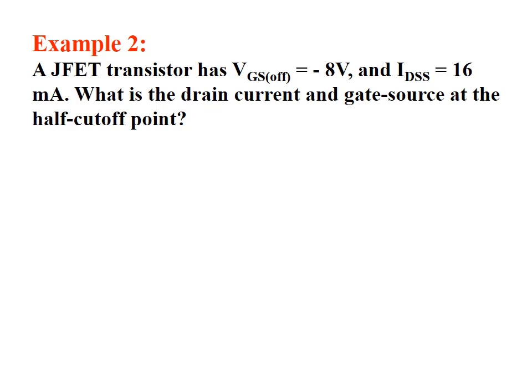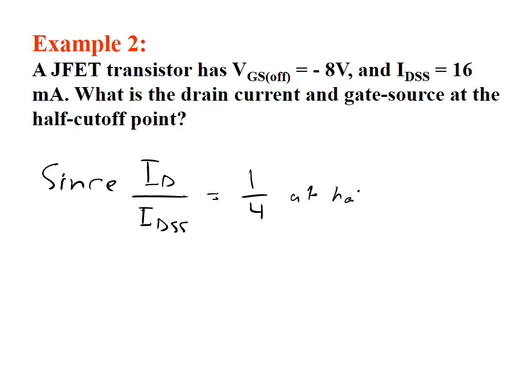So we will say here that since ID over IDSS is the ratio at the half cutoff point, and it equals a quarter, therefore ID will equal IDSS times a quarter.